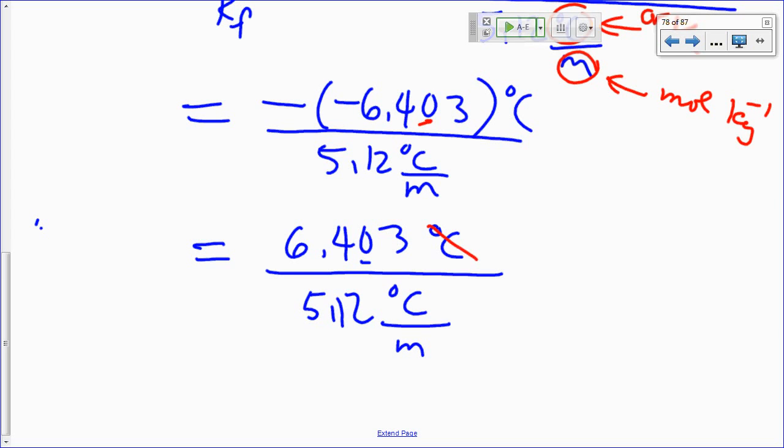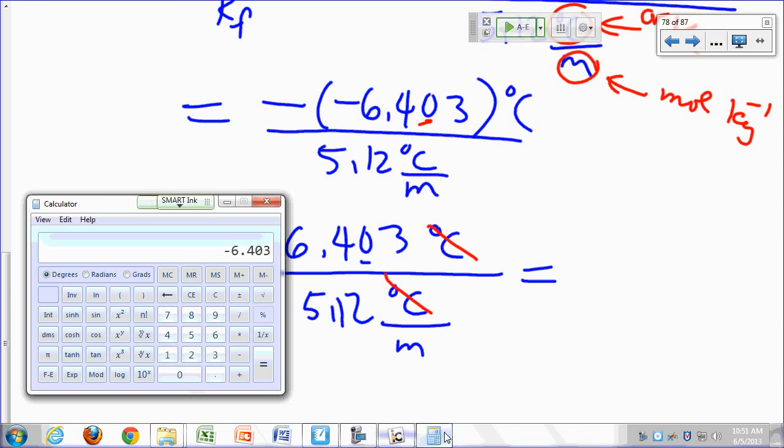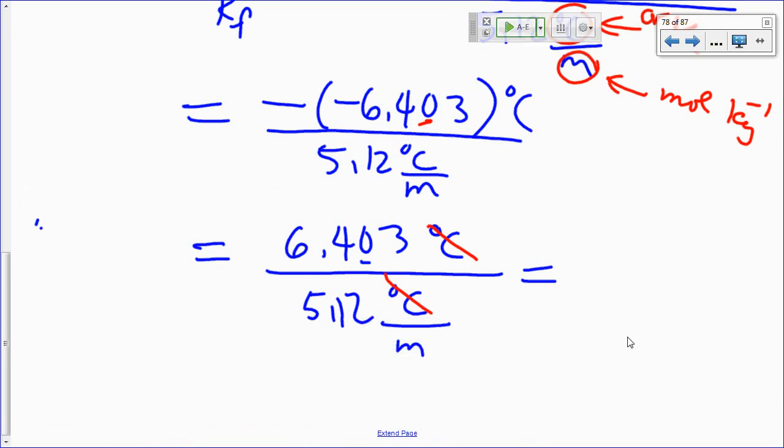Degrees Celsius cancels out. 6.403 divided by 5.12 gives you 1.25. So our molality is 1.25 moles per kilogram. That's our total molality, our osmolality.